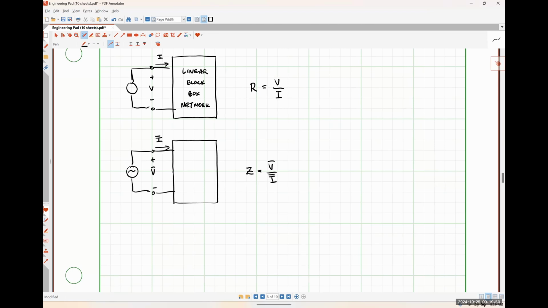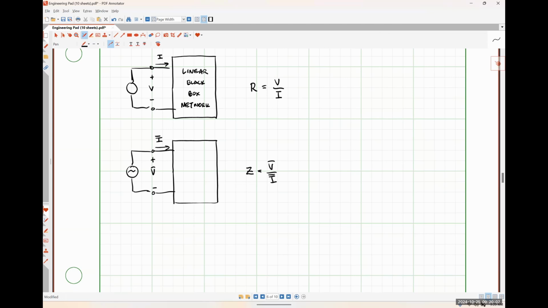So it is effectively playing the role that resistance did in DC circuits.